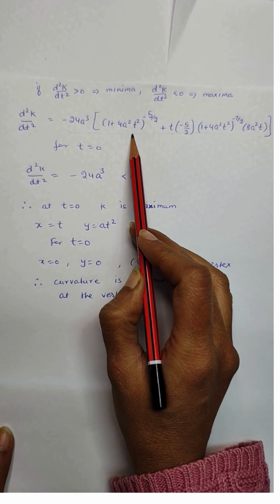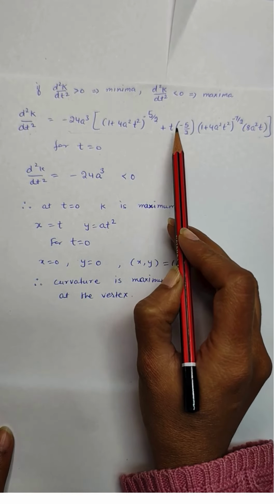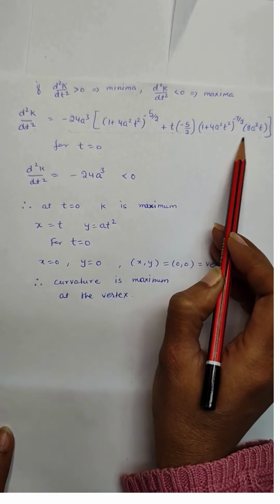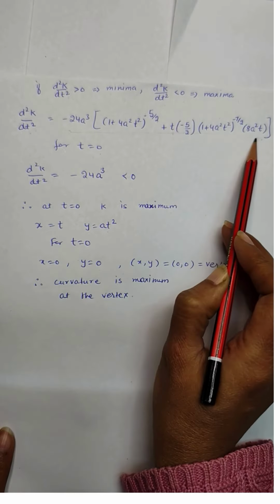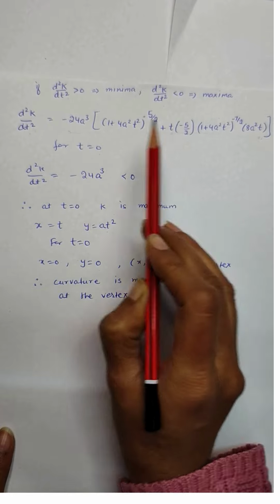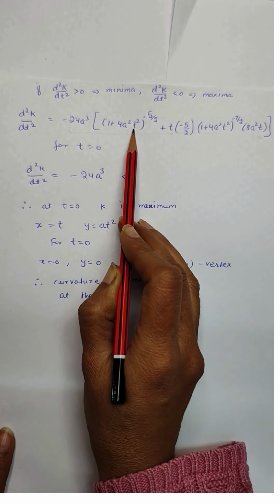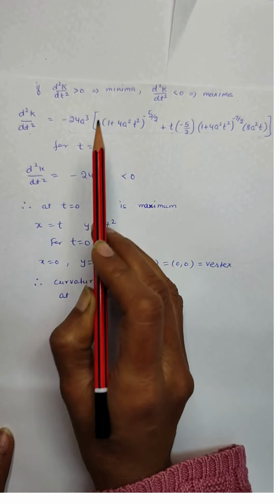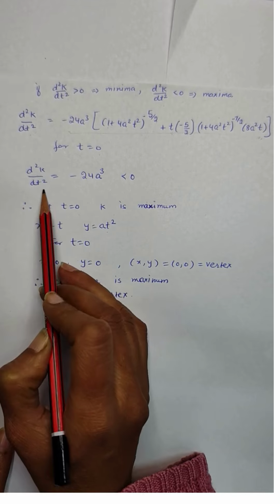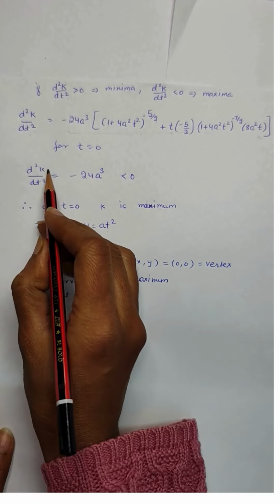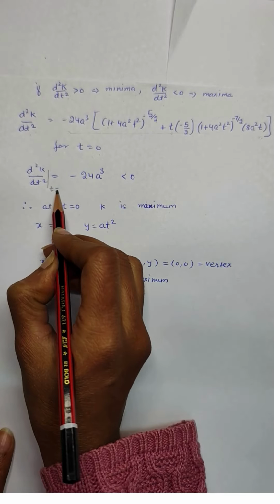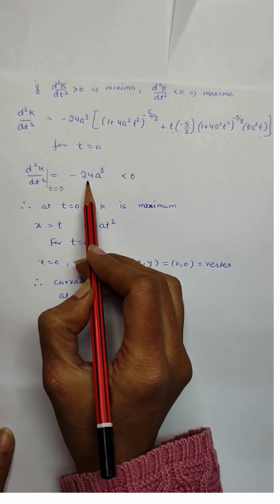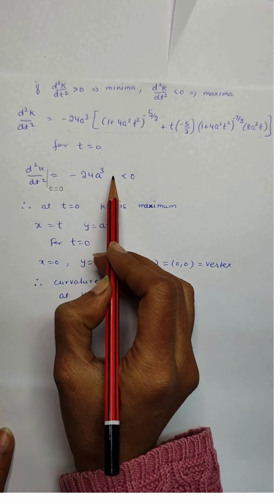When we substitute t equal to 0, we have a t multiplied with something here, so this second term will become 0 for t equal to 0. And in the first term, when we substitute t equal to 0, we'll be left with just 1. So the second derivative of k with respect to t at t equal to 0 is equal to minus 24a cubed.